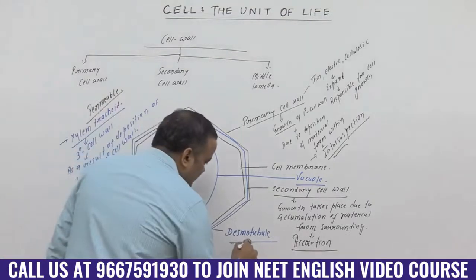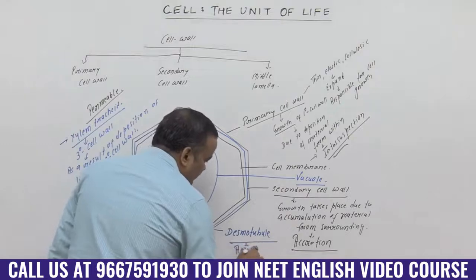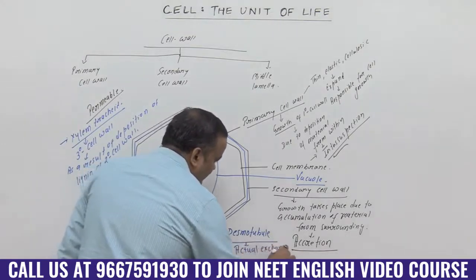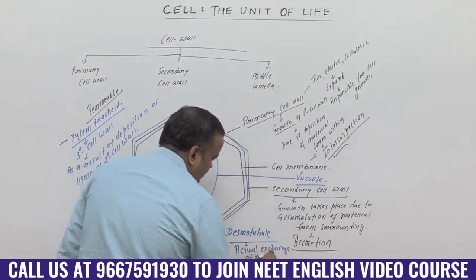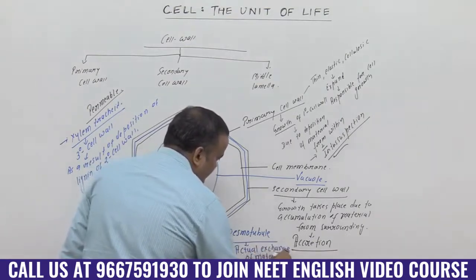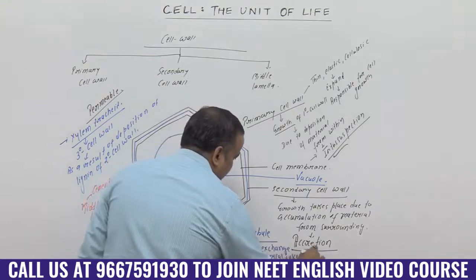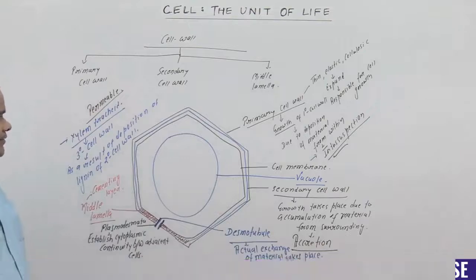So through this desmotubule, actual exchange of material takes place. Okay, so now we are through with the structure of cell wall.